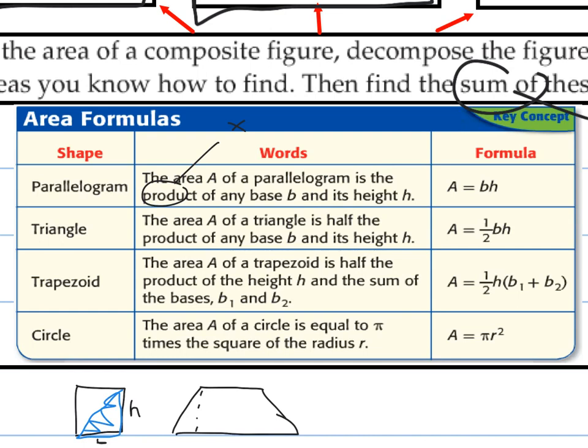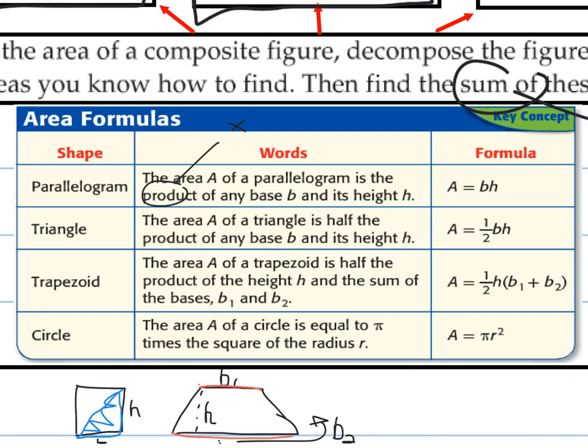The height is down the center. And the sum of the bases, base 1 and base 2. Being that these bases, the top and the bottom, are different lengths, that's why we have to add them together.